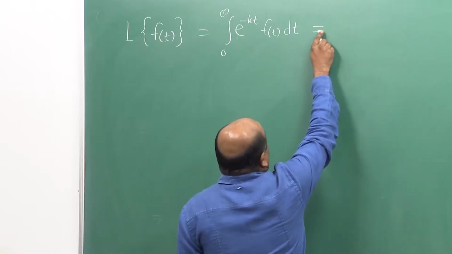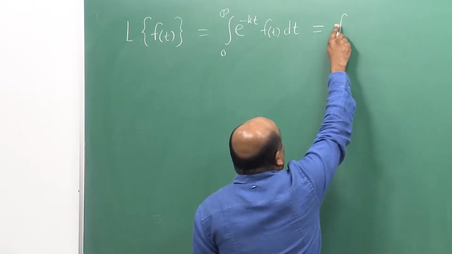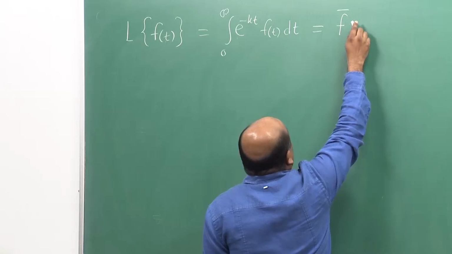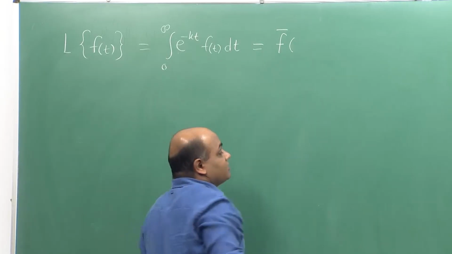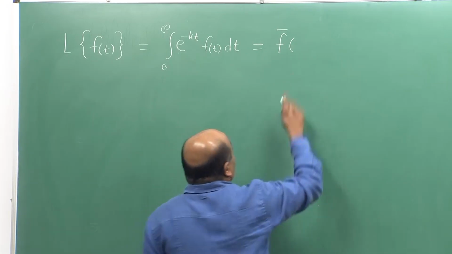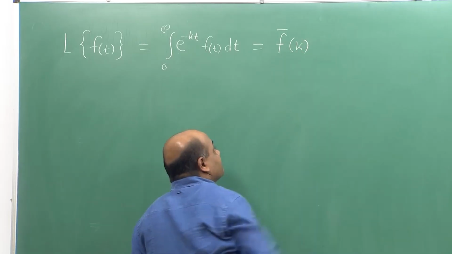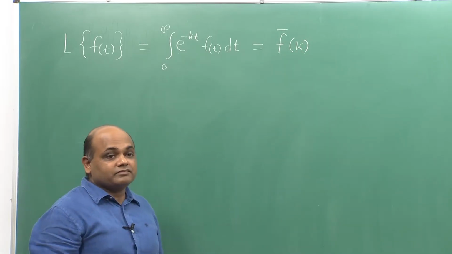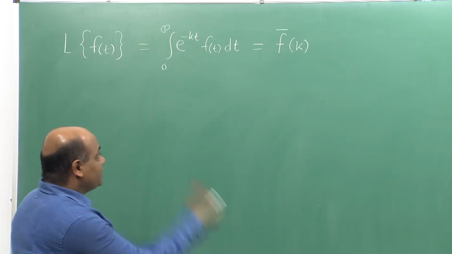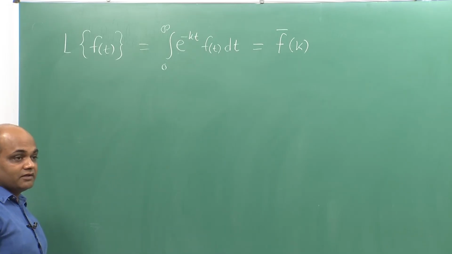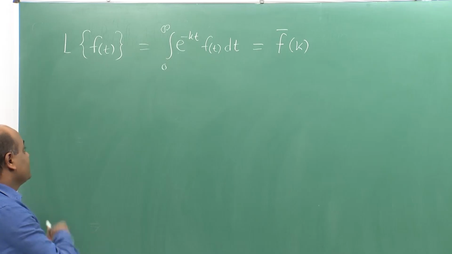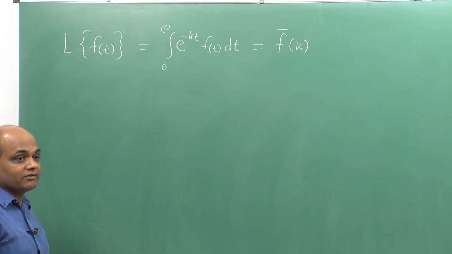The Laplace transform is also denoted by the function f bar, and now f bar is not a function of t, but a function of k. If we take the inverse of f bar of k, the inverse Laplace transform, we get back the original function f of t.